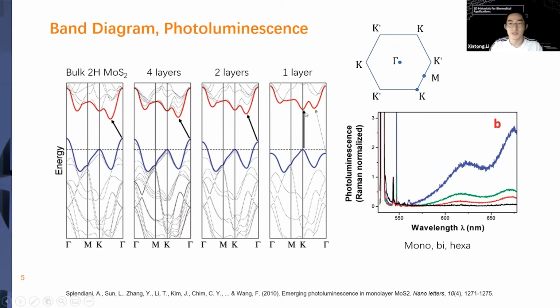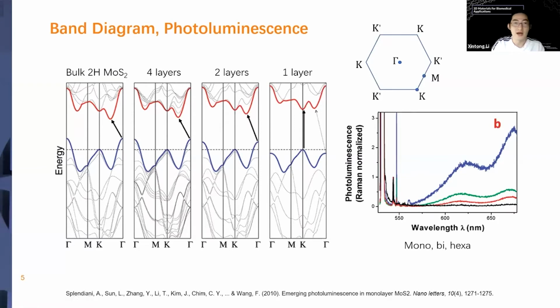And we can see because of the direct band gap of the monolayer, the PL intensity, or we can say the quantum yield, is very high for monolayer than other layers. So based on your application and your requirement, you can choose what number of layers you want. And one thing to mention is that this energy range is already in the visible light range. And in graphene, there's no such response in this range of wavelengths.